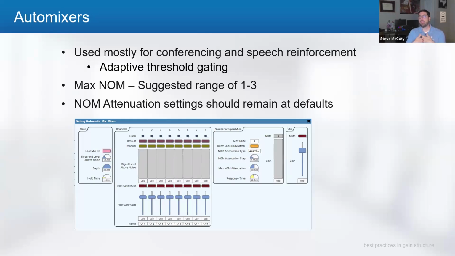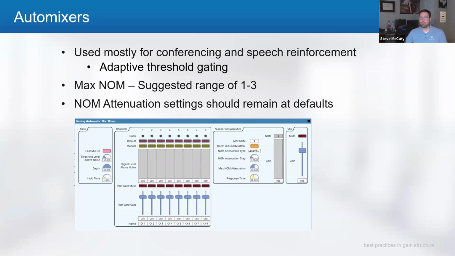So let's say we've got our 8 people sitting around, and I'm having a discussion with someone else. If we have a NOM of 3, both of our mics are going to come up. Not a problem. That's only 2. Somebody else wants to chime in and put in their 2 cents. Fine. We're still at 3.